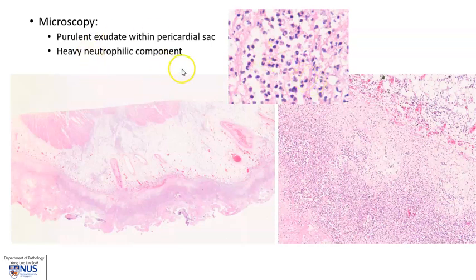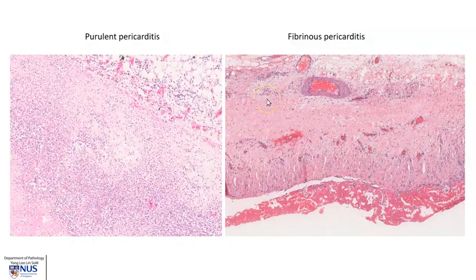There will be a separate talking slide or virtual microscopy demonstration video. And here, just to compare purulent pericarditis with this very dense neutrophilic infiltrates in the pericardial sac versus fibrinous pericarditis, where we can see fibrin deposition with some inflammatory cells, but not as many neutrophils as we see in purulent pericarditis.